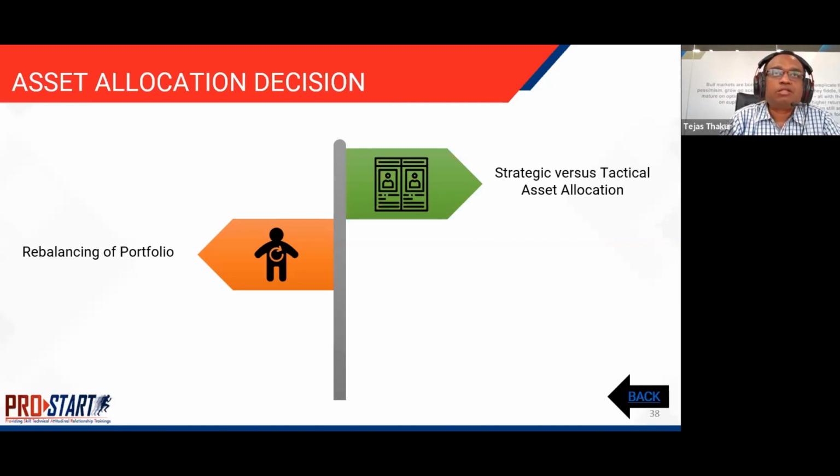Cost could be transaction cost, cost related to changing the portfolio, stamp duty cost, brokerage cost, or even tax cost when you rebalance the portfolio. There could be taxation that could come into the picture.